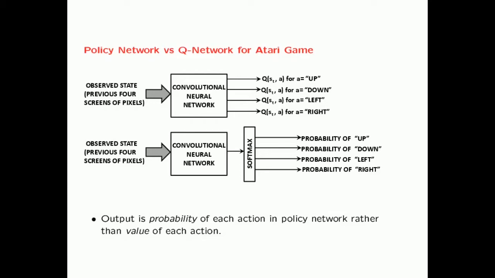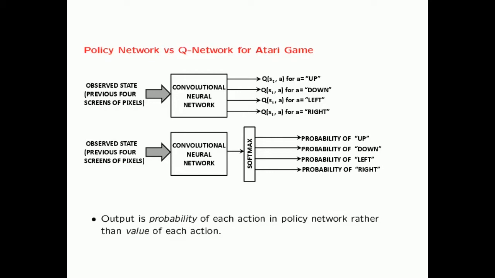So in the case of the value networks or the Q networks, which we had discussed in the previous lecture, it tells you what is the long-term value of playing up, down, left or right, and then you will couple it with a generic policy like epsilon greedy in order to pick the best of these actions.